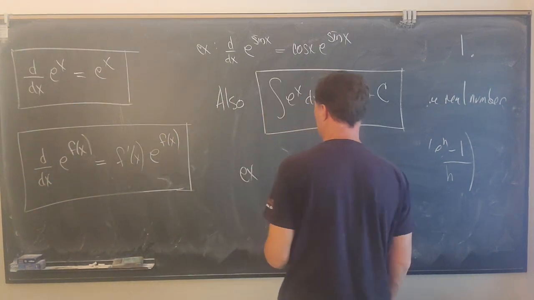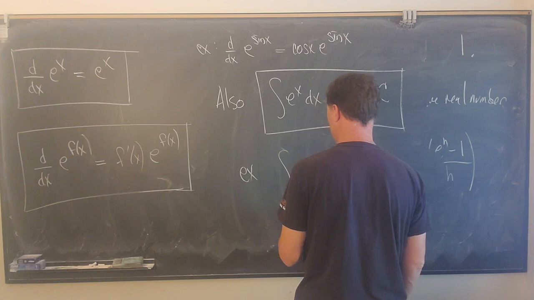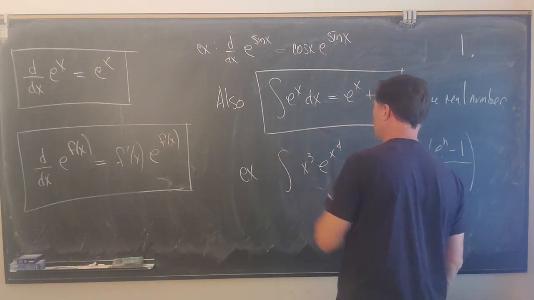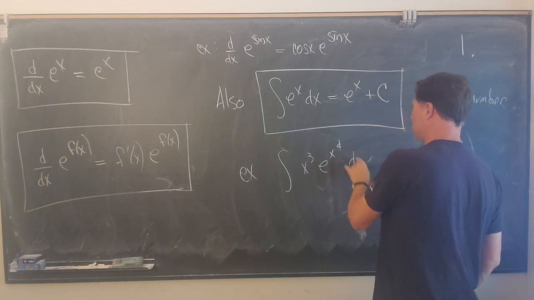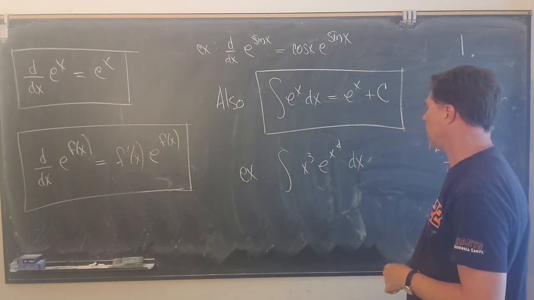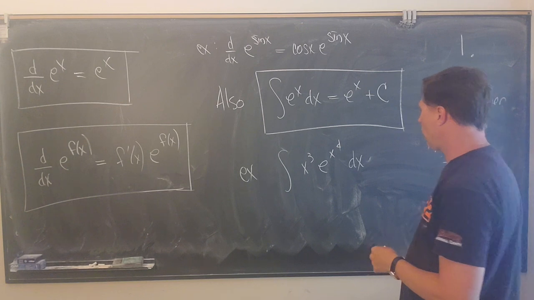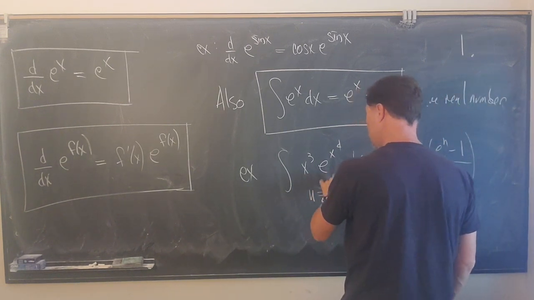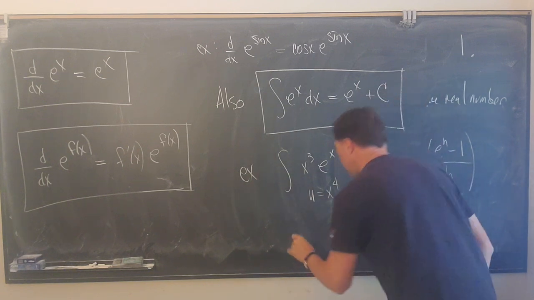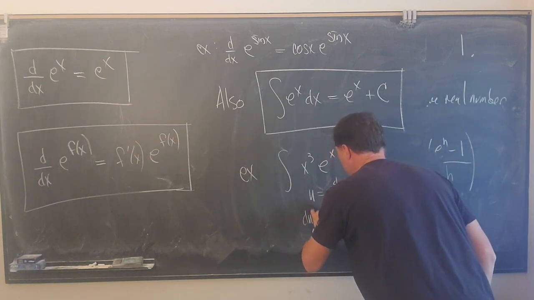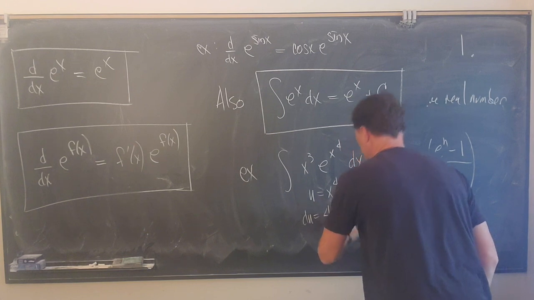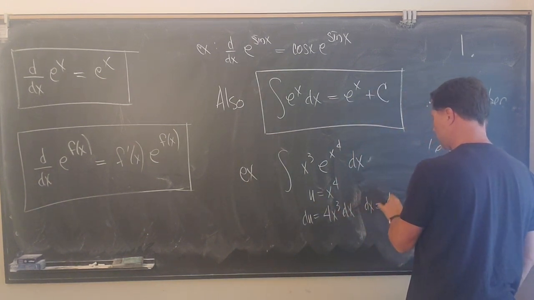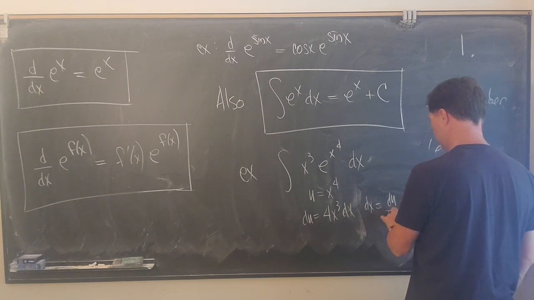So for example, let's compute the antiderivative of, how about x cubed e raised to the x to the 4th dx. Well, hopefully the obvious choice here, u equals x to the 4th, in which case du is going to be 4x cubed dx. If you solve for dx, you get dx equals du over 4x cubed.